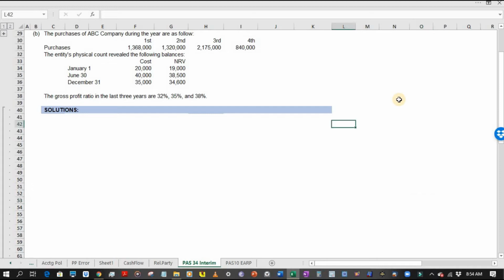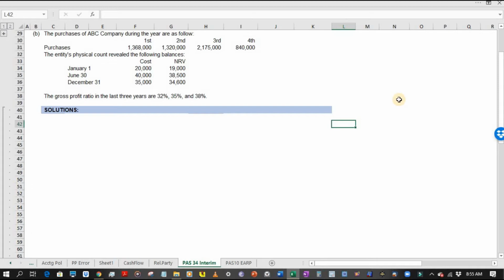So for the first quarter, we can only compute for the cost of sales during the first quarter if there is an ending inventory given, which is dated March 31 of the current year. However, since there is no physical count conducted on March 31 based on our information, we cannot determine the actual inventory balance as of that date, which is the end of the first quarter.